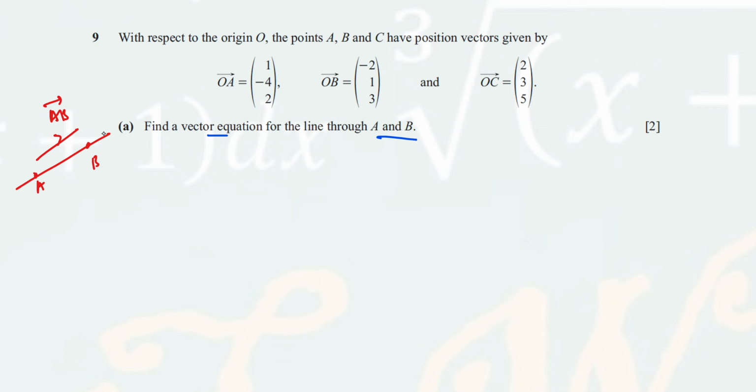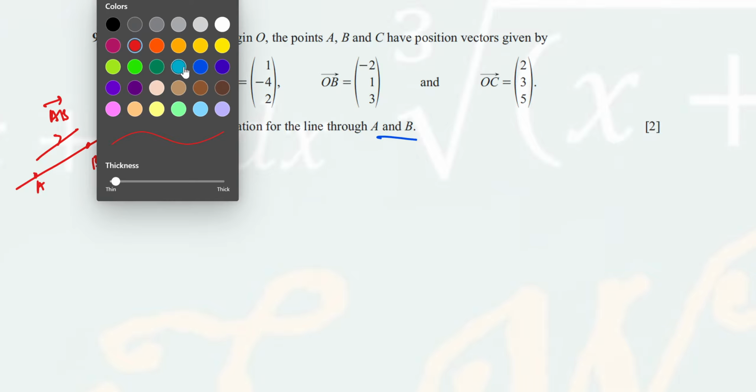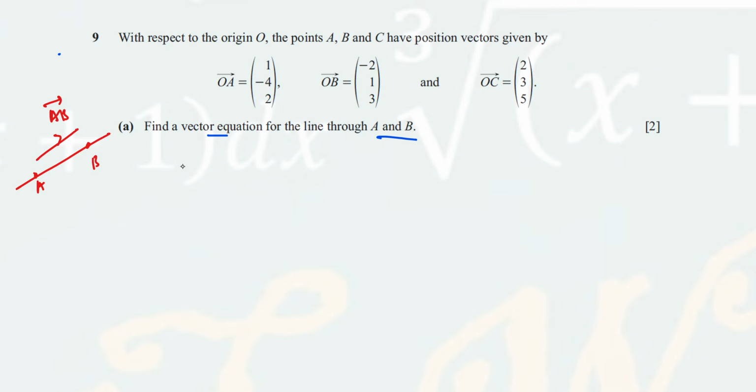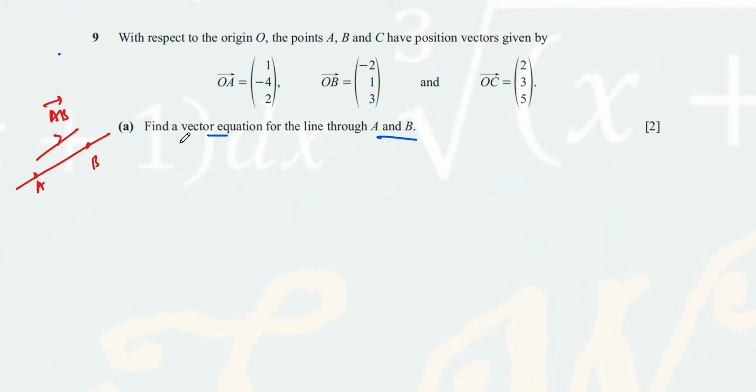So for the line, we need to write down a fixed point. Or I will just find AB first. Okay, so that is my direction vector. AB is OB minus OA.